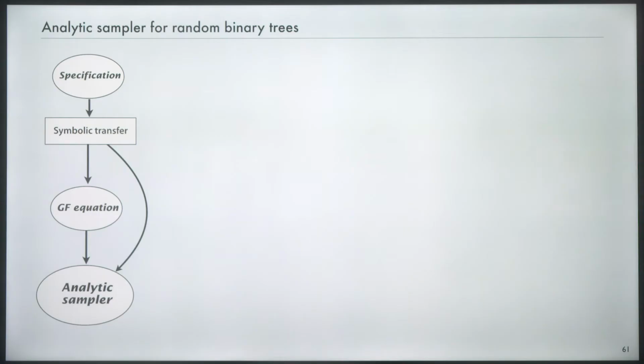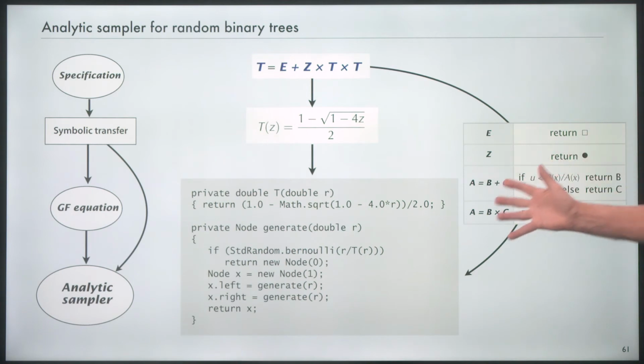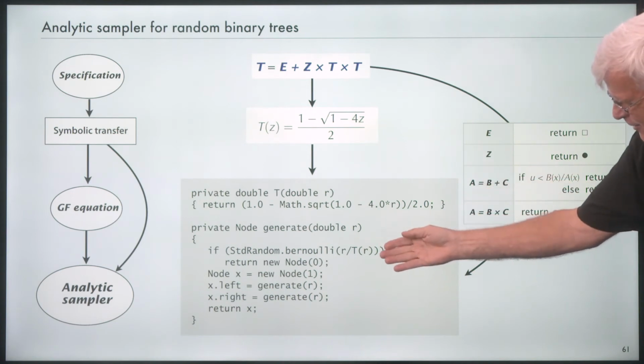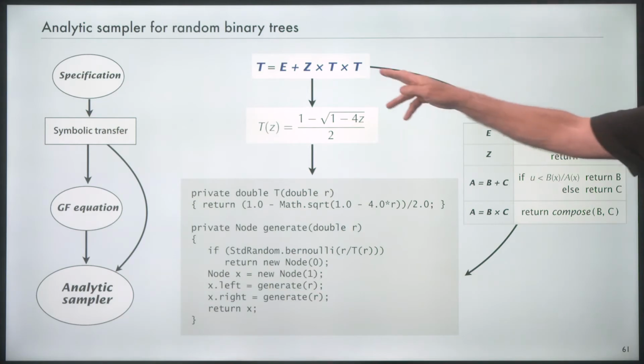So let's look, for example, at random binary trees. Again, that's our construction, that's our generating function. And again, the rules give us pretty much immediately a pretty simple sampler. Generate a node, generate a left subtree and a right subtree, and then stop, by flipping a coin with a value given by the generating function, just applying this union rule for that plus.